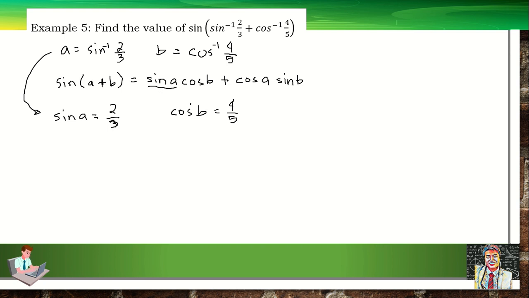At meron akong value for cosine B. However, wala naman akong value for cosine A. Hindi ko pwedeng gamitin to. This is cosine B, not cosine A. Wala akong cosine A. Tama? At the same time, wala rin akong sin B. So therefore, kailangan ko munang i-determine yung value for cosine A and for sin B.